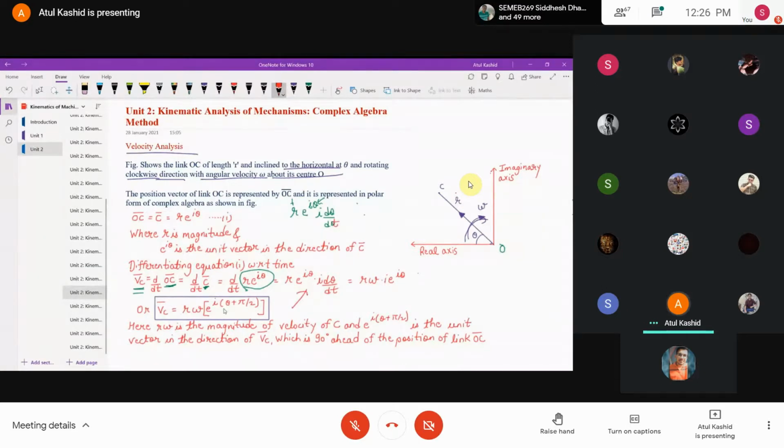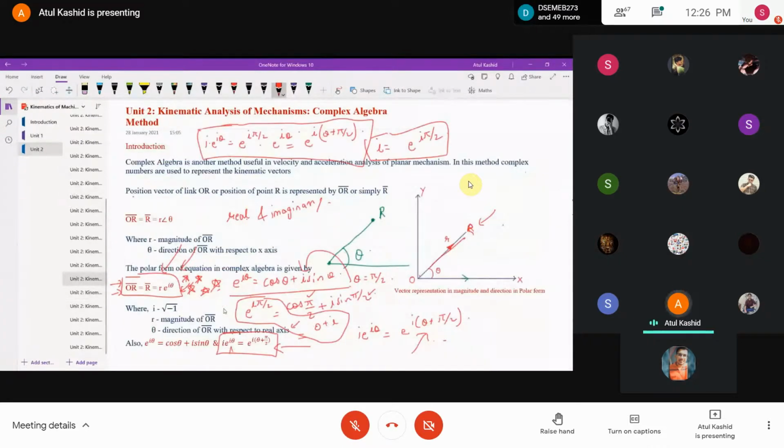So what is this d theta by dt? This is nothing but your omega. Omega is equal to d theta by dt, right? So the final equation we can write: R omega i e raised to i theta. Now this i e raised to i theta, if you go back to the previous slide, this is the equation: i e raised to i theta is e raised to i theta plus pi by 2.